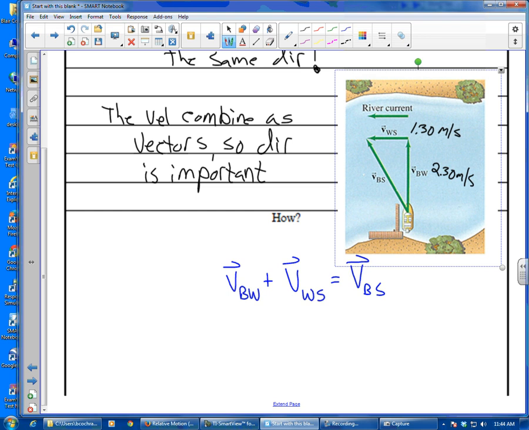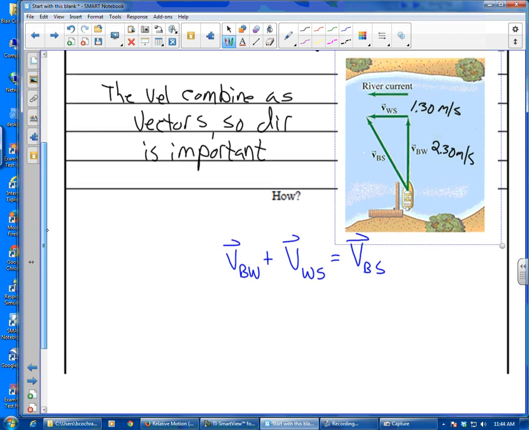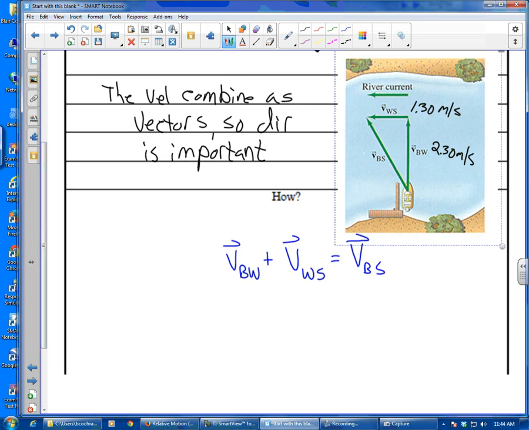You add the two perpendicular vectors and you get the hypotenuse of that right triangle. And since it is a right triangle, we want to find out the magnitude of VBS. We can use Pythagoras, and we also want to find out the angle here.